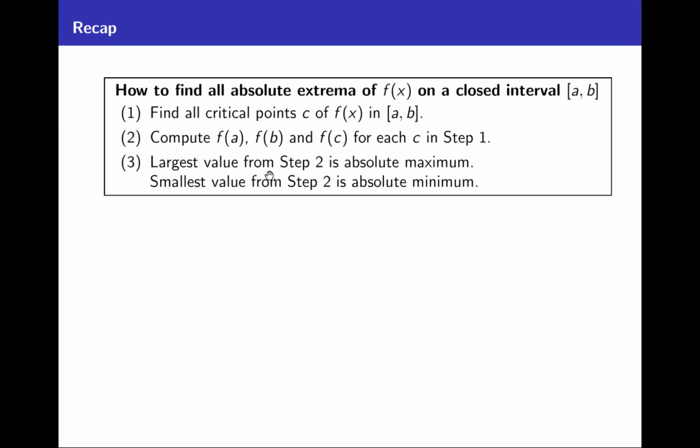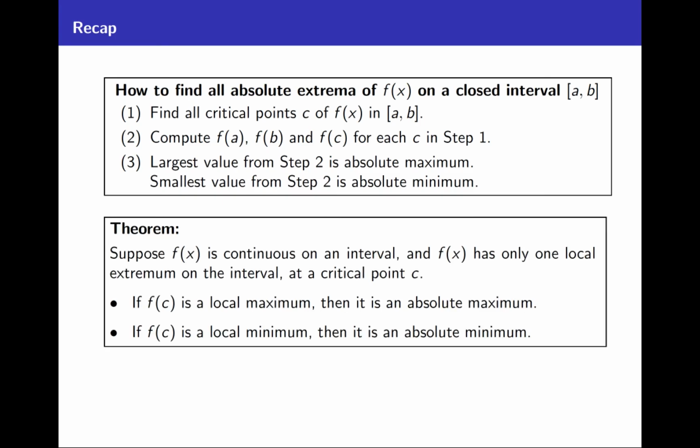And then from those numbers obtained in step 2, the largest value is the absolute maximum, and the smallest value is your absolute minimum. So that's our procedure for finding absolute extrema on a closed interval.